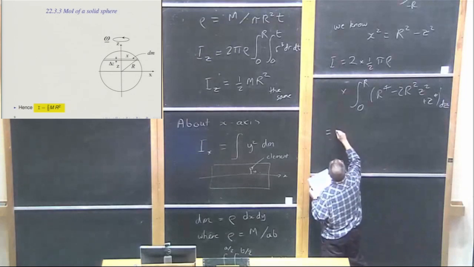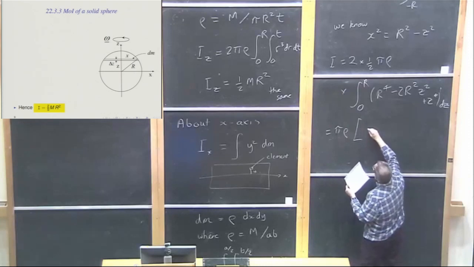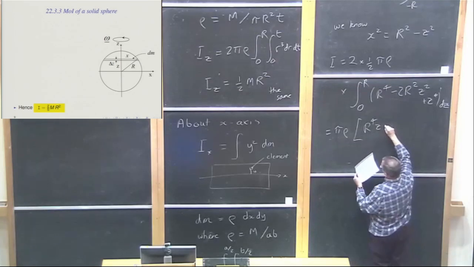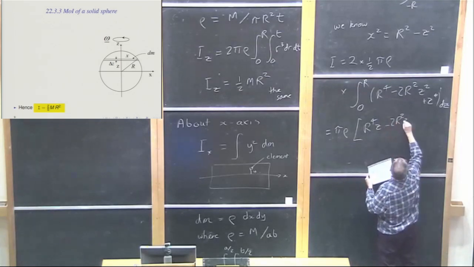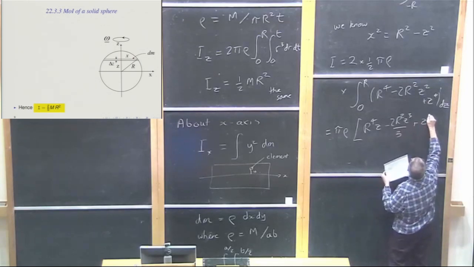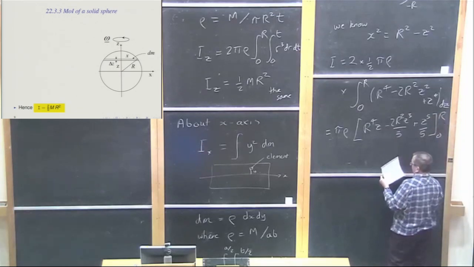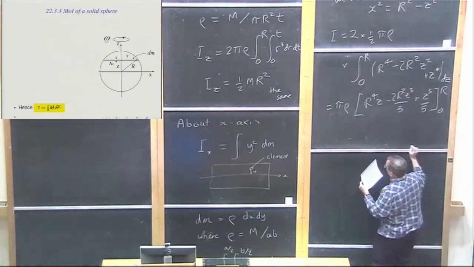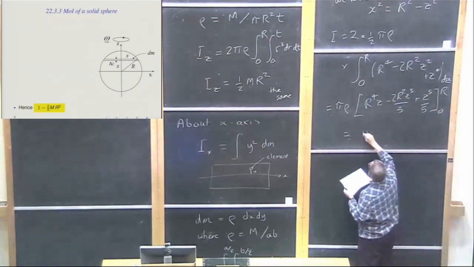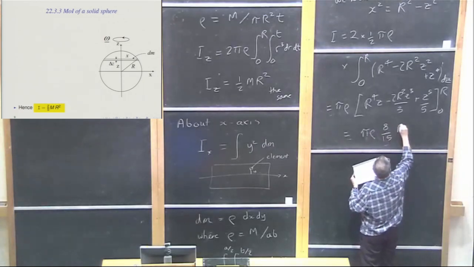So what do we get? We get a pi rho in front, and then R to the 4 z minus 2R squared z cubed over 3 plus z to the 5 over 5, between 0 and R, which, if you put everything in, you'll find is pi rho times 8/15 of R to the 5.